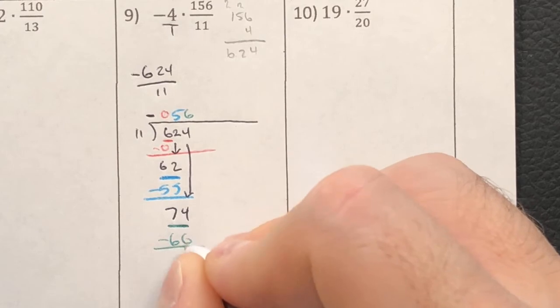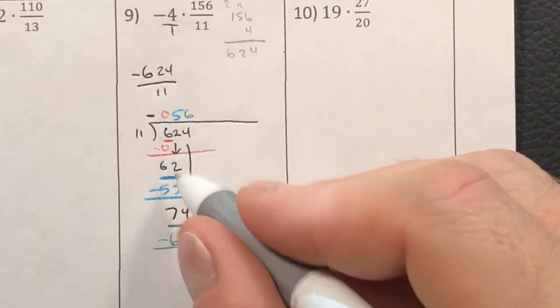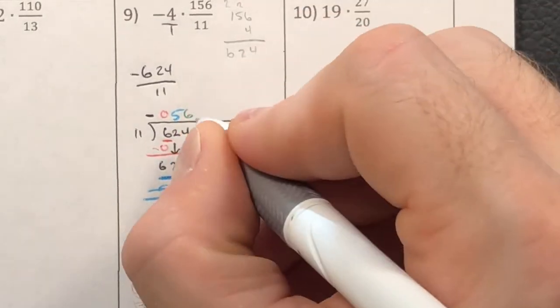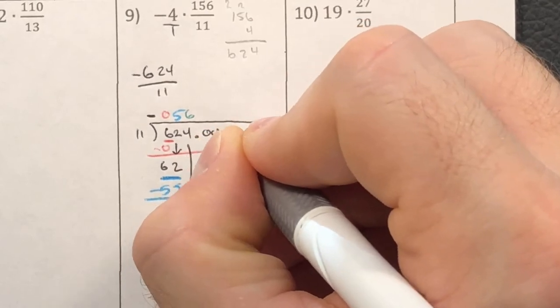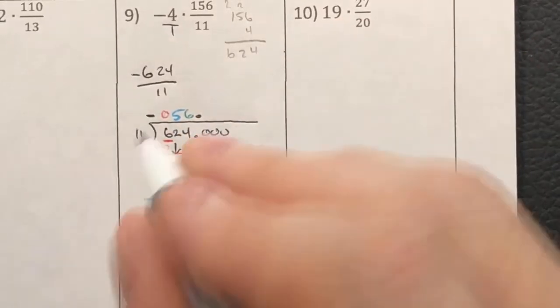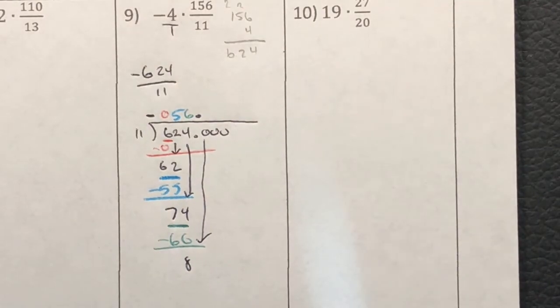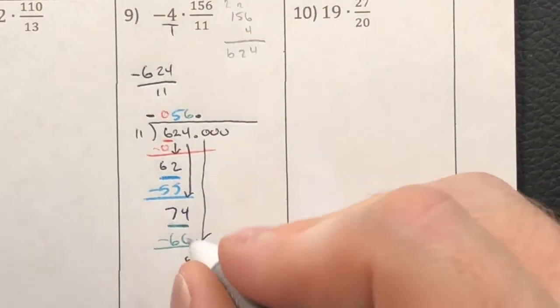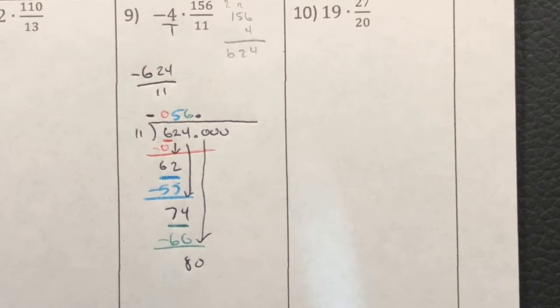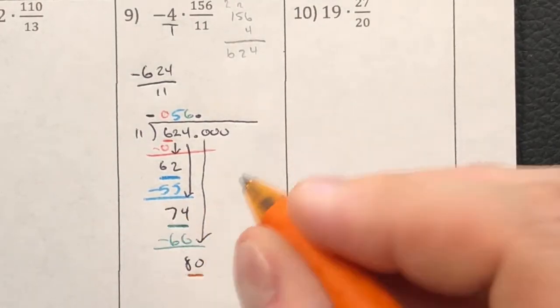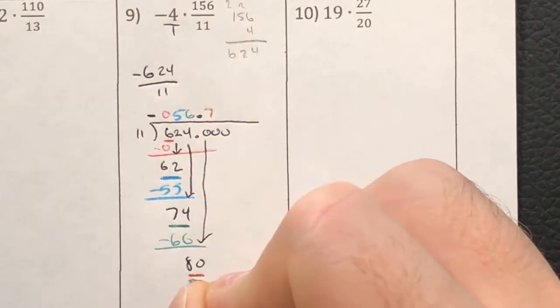66, that's going to be 4 4, so that's 8. And because it doesn't terminate right here, that means I just need to go ahead and add my zeros in there after the decimal. So that way I can keep going until I either terminate or until I know when to round. So drag down my next 0. Let's see, after green we did orange. So 11 fits into 80 7 times.